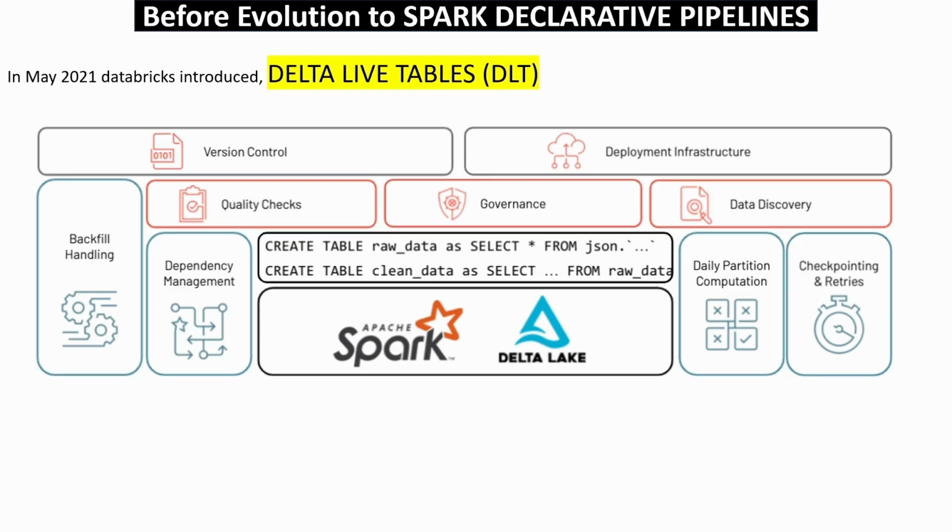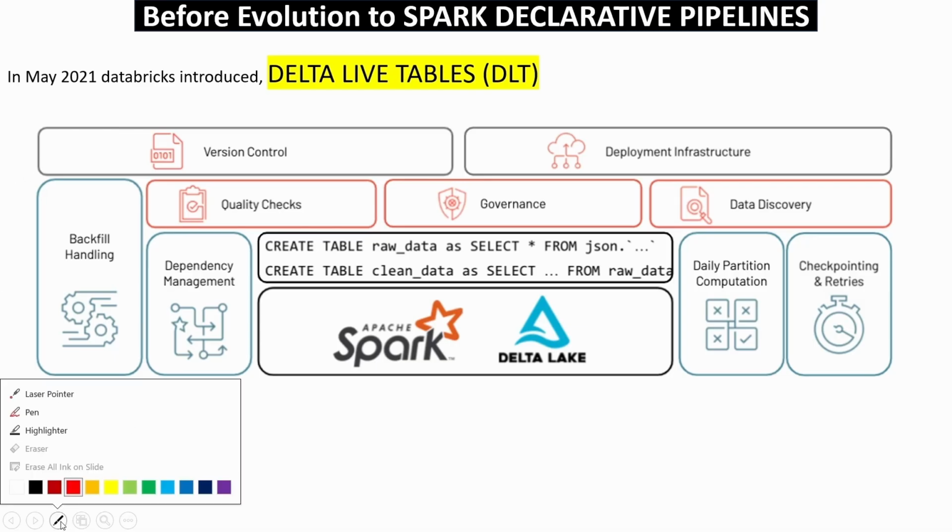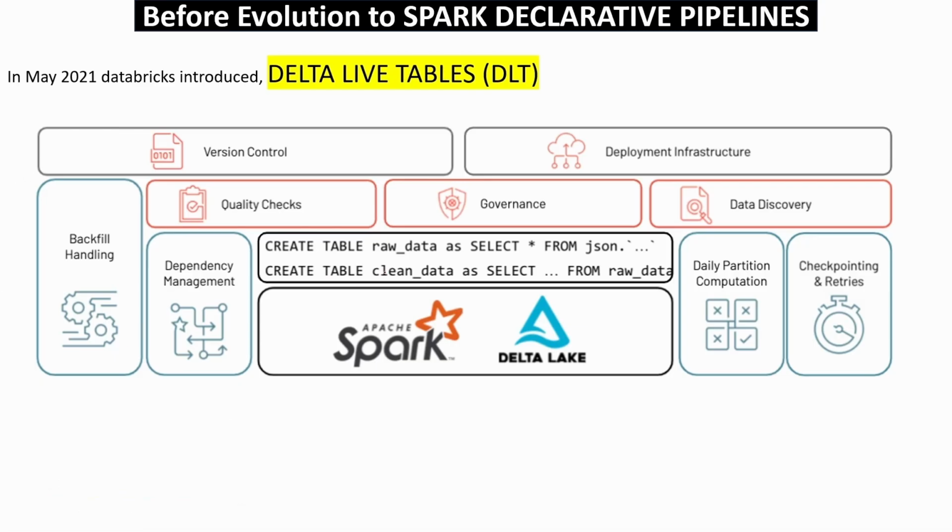They are very happy because they don't need to take care of any kind of operational governance or quality challenges. So by introducing DLT, Databricks said, please just focus on this part, which I am highlighting. All the other things I will take care of. You don't need to spend your time here.